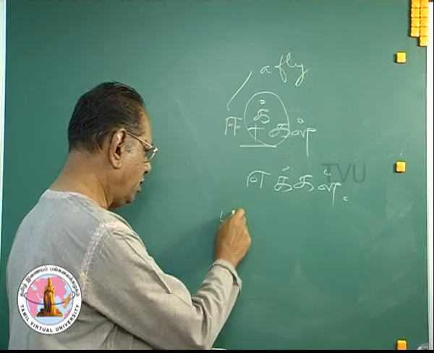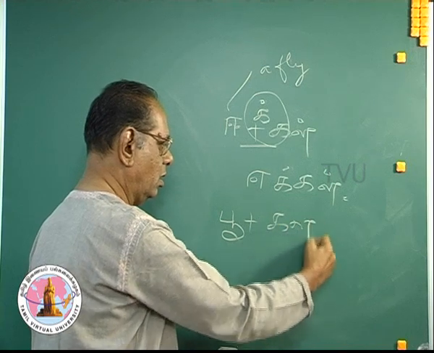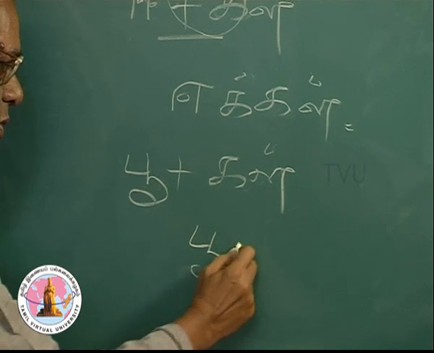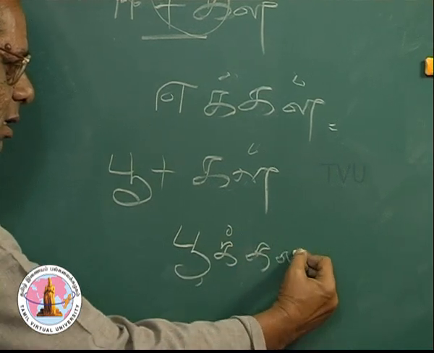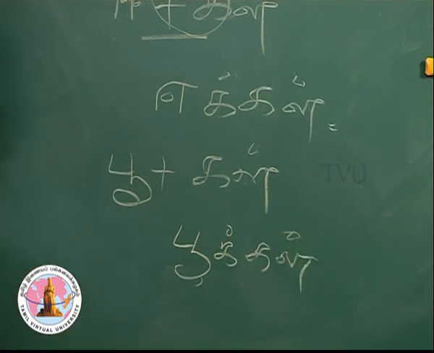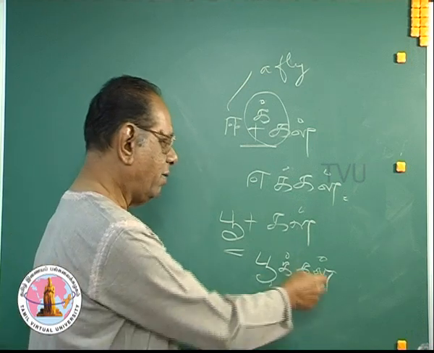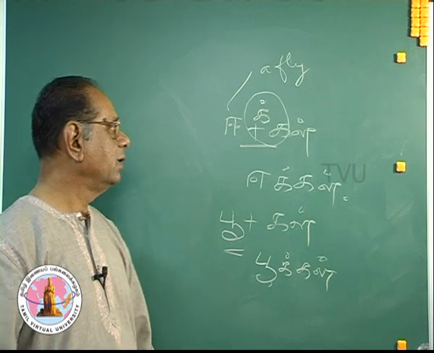And one more example I will give. Poo plus kal becoming pookal. What is a poo? A flower. Pookal, flower. Now you have to remember this particular thing.